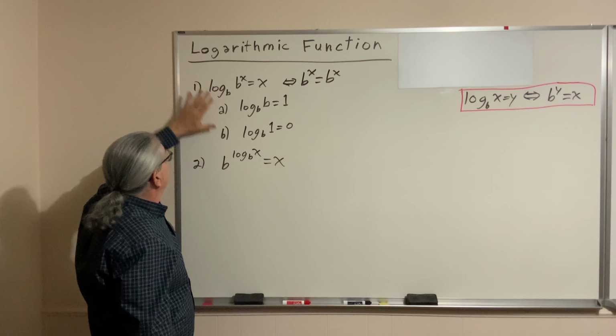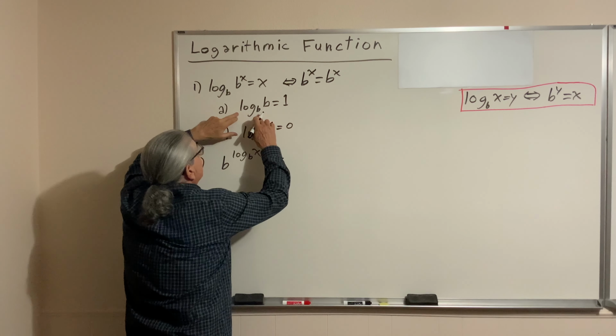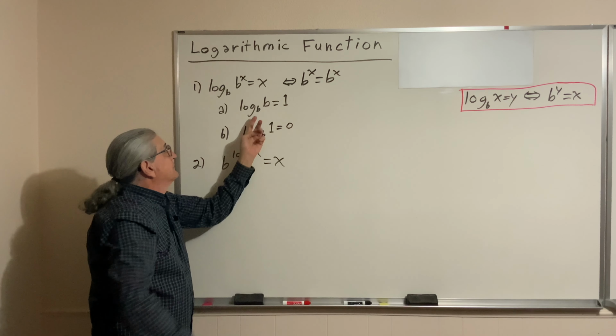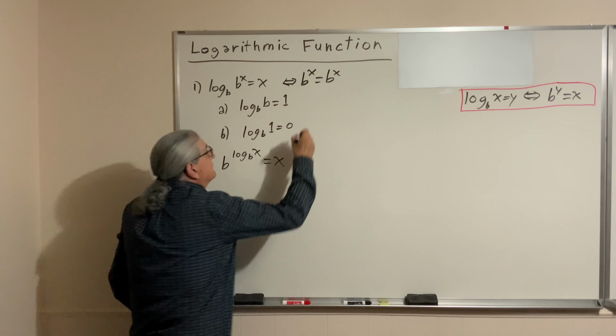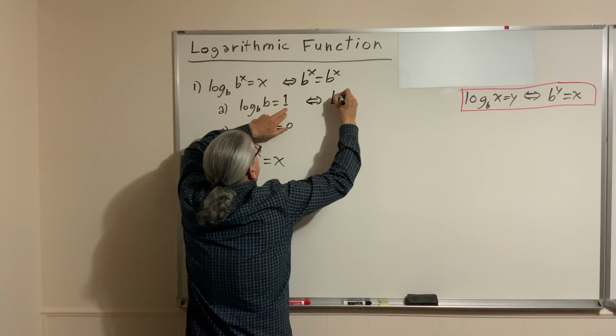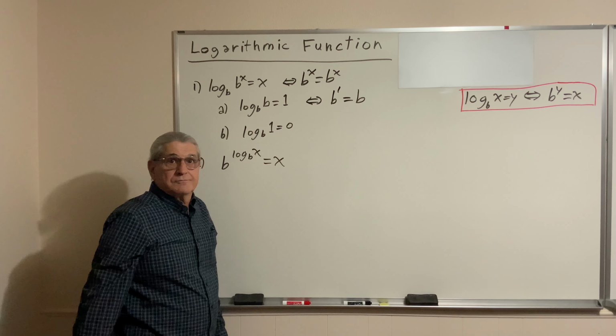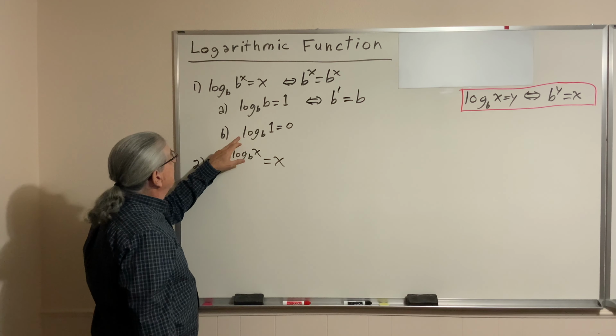Under these we have some corollaries. Like this one here, log base b of itself is just 1. So let's rewrite this as an exponential. The base to the exponent equals the argument. So that's true. Let's take this one.